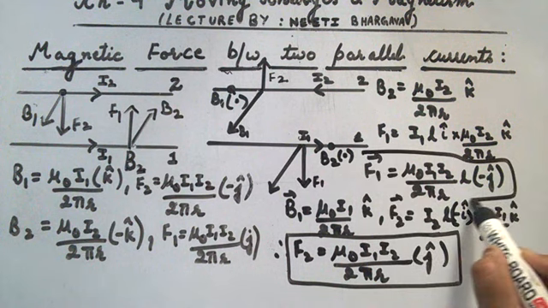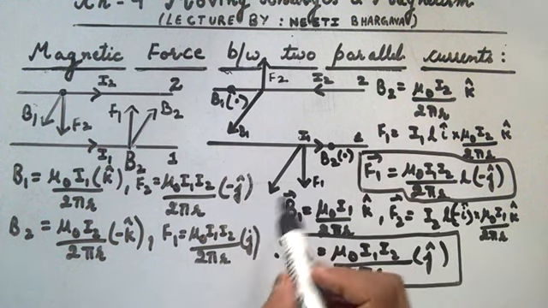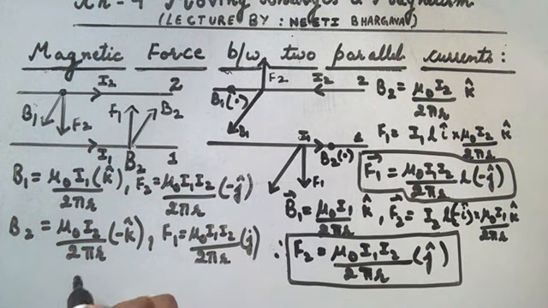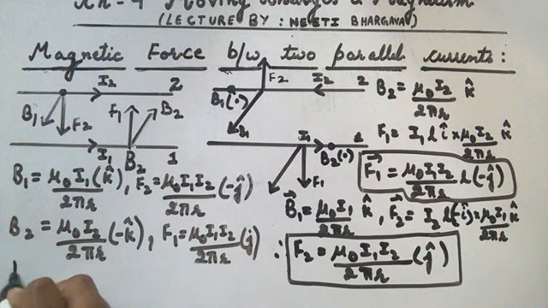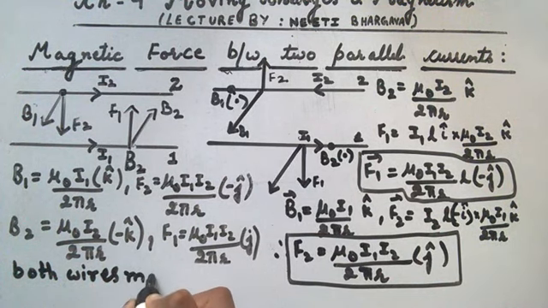Thus we can see that when the currents are flowing in anti-parallel direction, then both wires move away from each other.